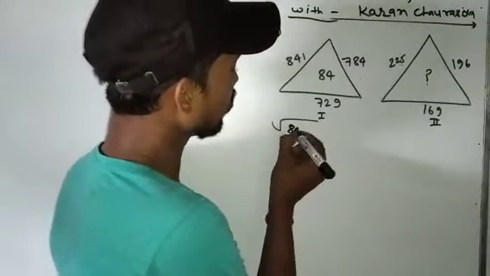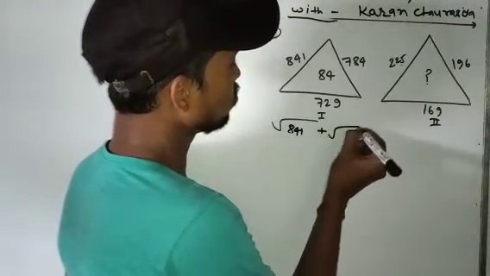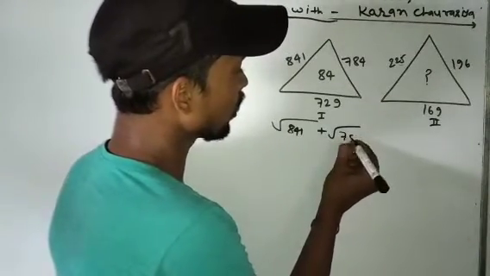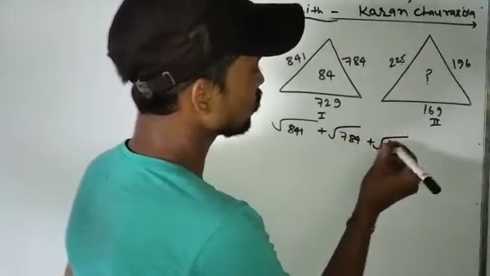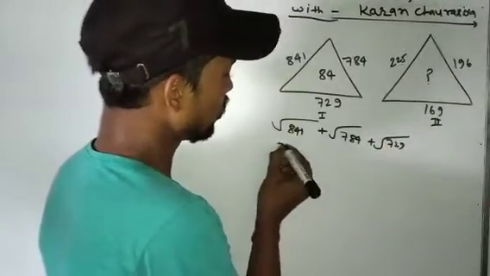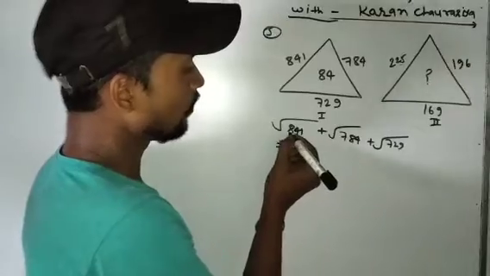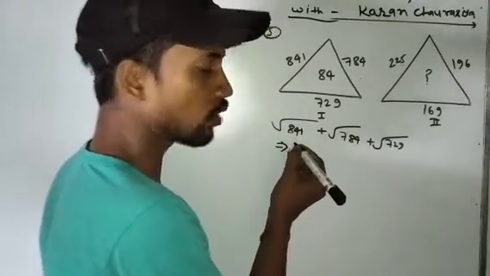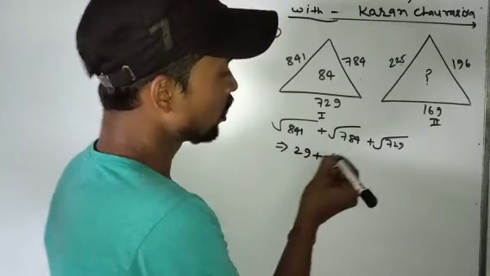When 841 plus 784 plus 729 is taken as a square root, then, when we find the square root of 841, we get 29.